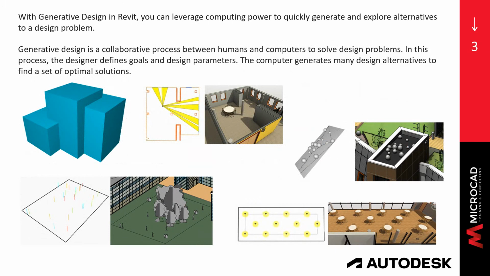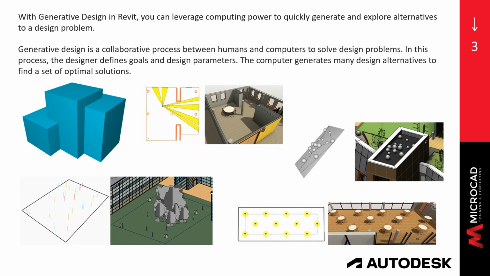Just to read, in generative design in Revit, you explore alternatives to a design project. It can be a massing study, it can be the seating of a restaurant, which is one of the examples that I want to show, defining the best seating position according to a specific view.